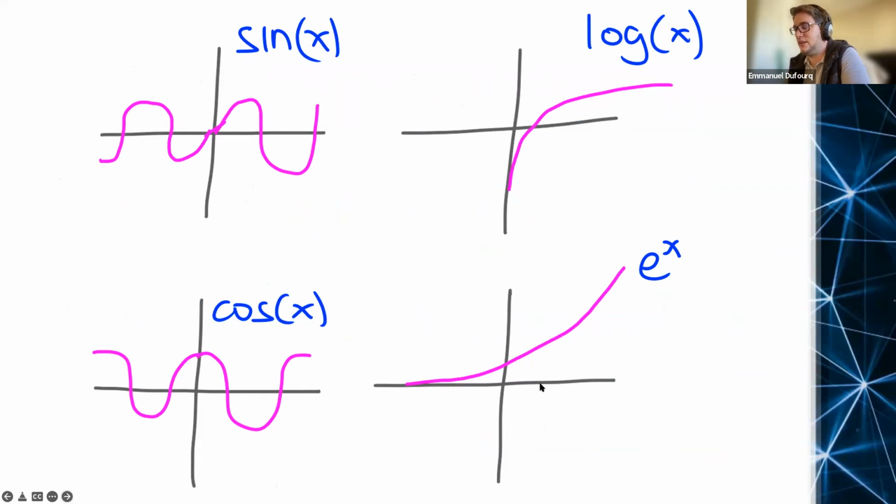So if the input is positive, the output is positive. If the input is negative, the output is positive. So taking the exponent seems to be an interesting thing. So could we modify our approach by incorporating e to the x?